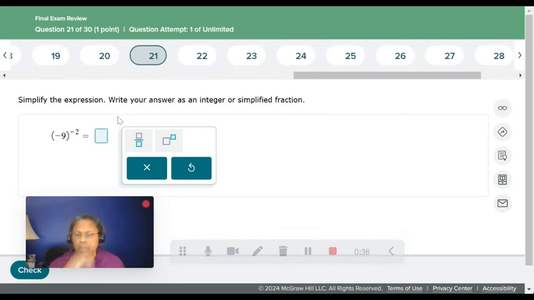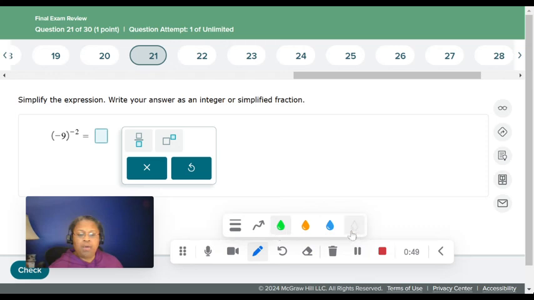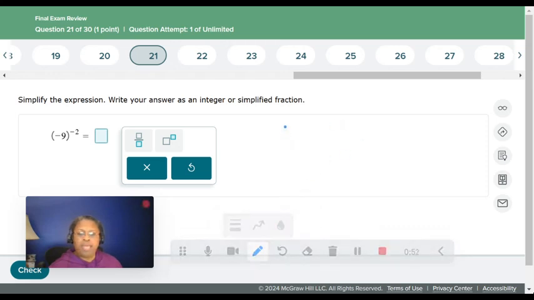Simplify the expression. Write your answer as an integer or simplified fraction. Something we should remember about negative exponents is that it will cause our number to be written as a fraction. And since our 9 is in parentheses, it's going to be -9 times -9, which would be 81. And that's how we would write that because we have a -2.